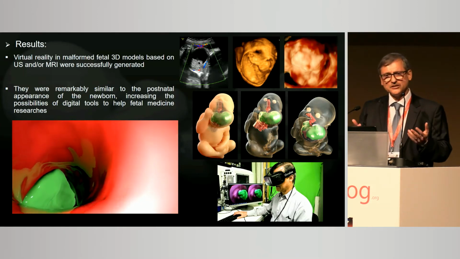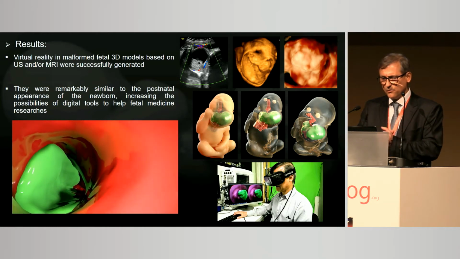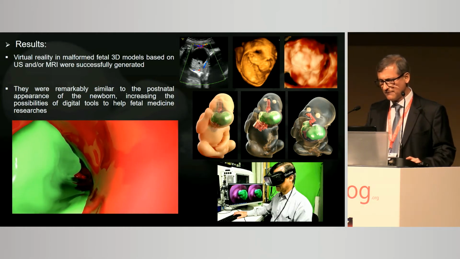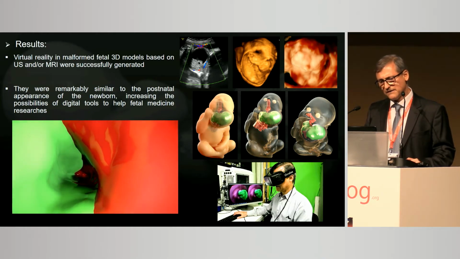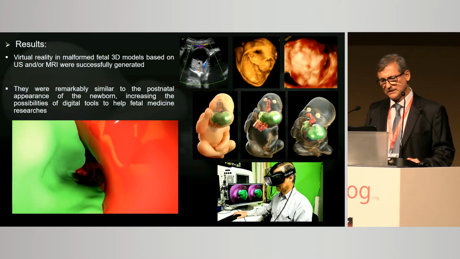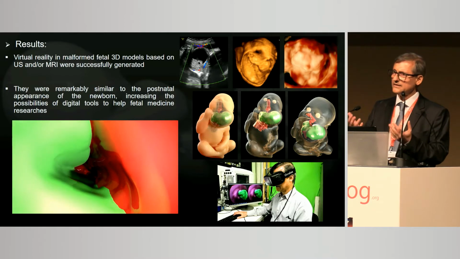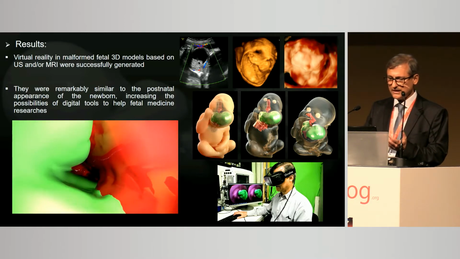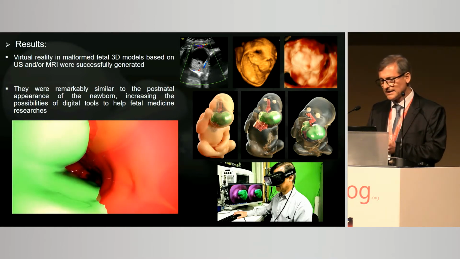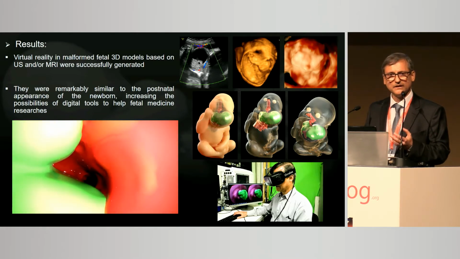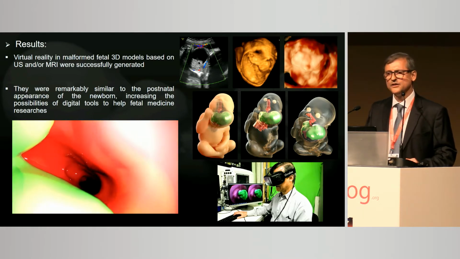All the discussions can be with this or with virtual reality, like I'm doing here. And here you have the relation between the tumor, teratoma here, and the airway path.